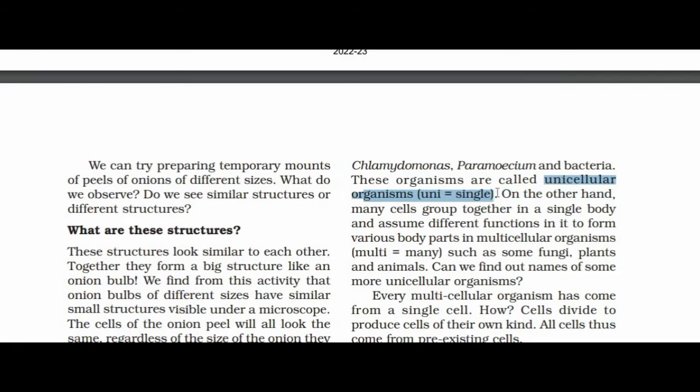On the other hand, many cells group together in a single body and assume different functions in it to form various body parts in multicellular organisms. Multicellular organisms means organisms that have many cells, such as some fungi, plants, and animals. Can we find out names of some more unicellular organisms?